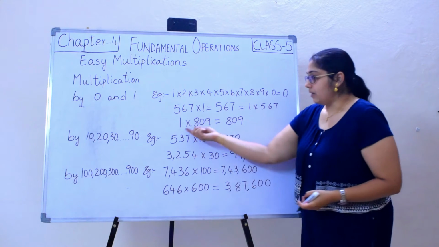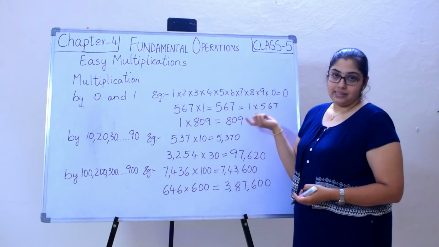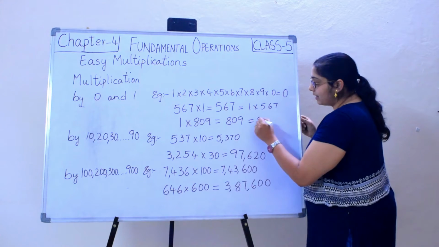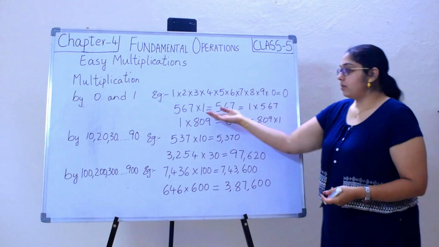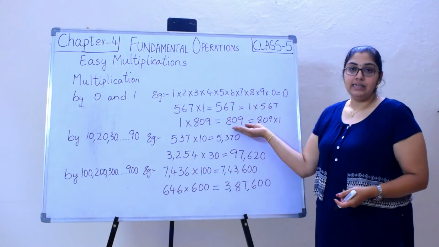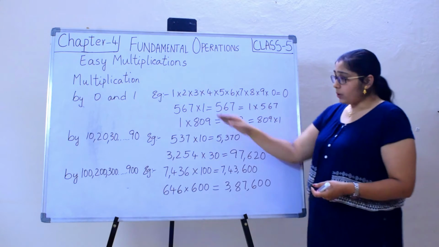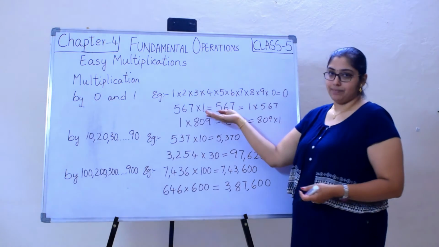Here again 1 into 809 is 809, or again I can say that 809 into 1 is also 809. So whatever the order may be, when you multiply any number with 1, the answer is the number itself. Now you have learned how to do easy multiplication with 0 and 1 from these both examples, right?